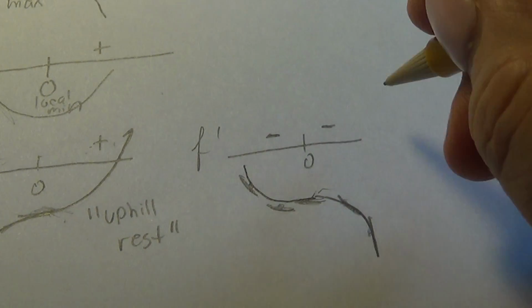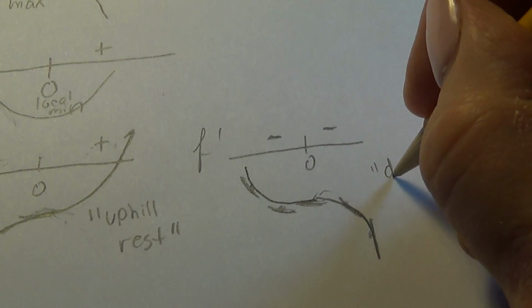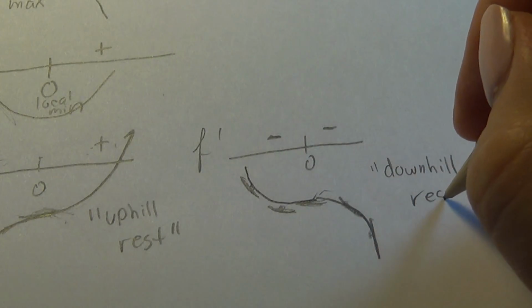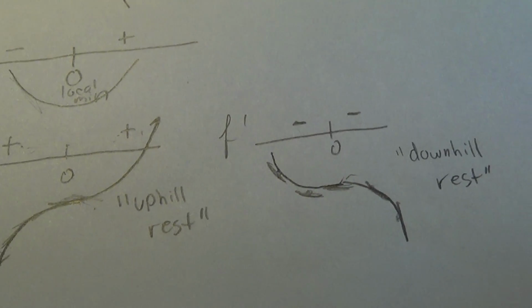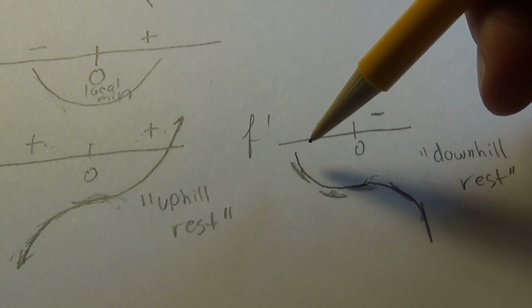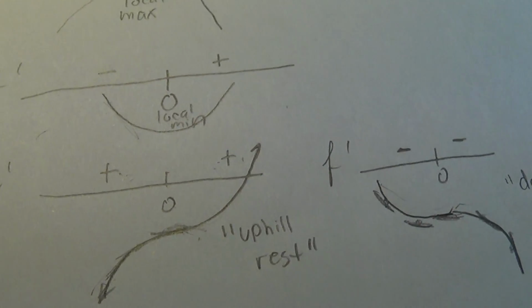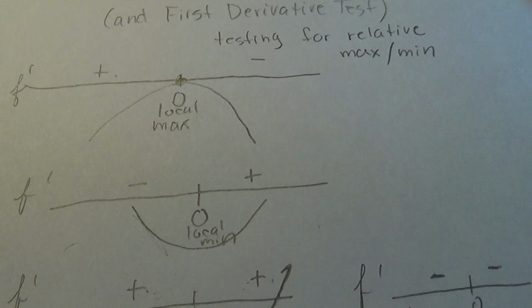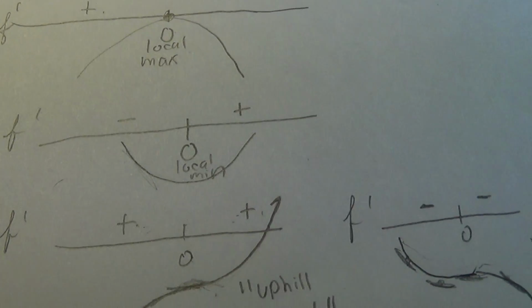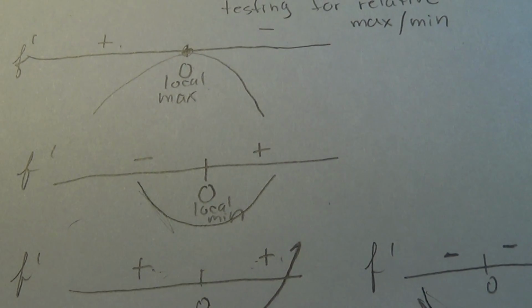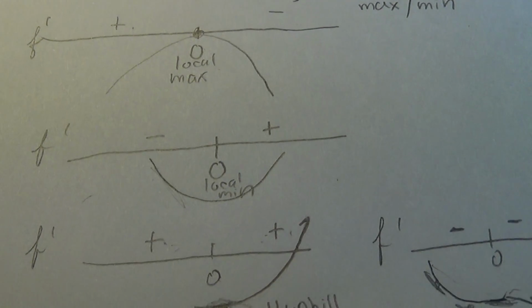So let's call that a downhill rest. Did you ever notice? Sometimes walking downhill is harder than walking uphill, and you need a rest. So there's your downhill rest right there. So those are all the possibilities for finding left and right behavior from a 0 first derivative.